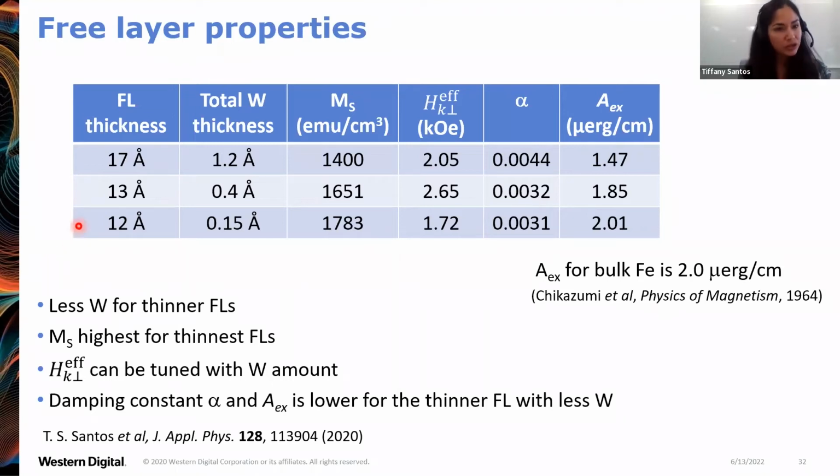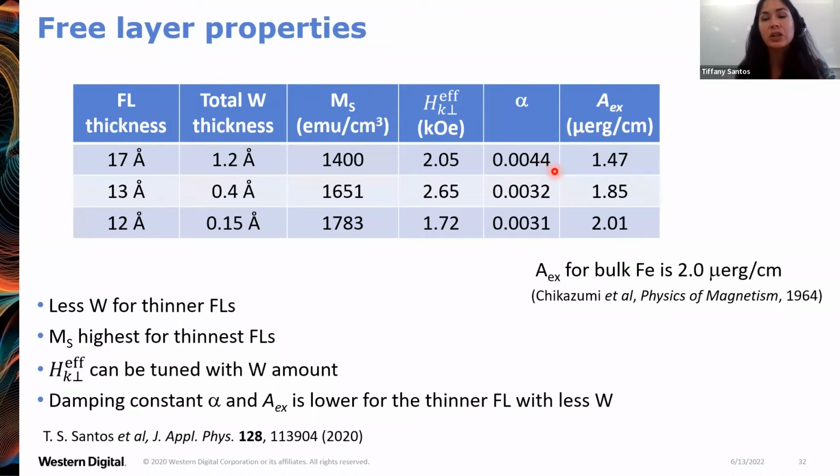And by going smaller in thickness, we're able to reduce the amount of tungsten that is needed to keep the free layer perpendicular. By reducing the tungsten amount, we see that we can significantly increase the saturation magnetization and keep the damping parameter low.